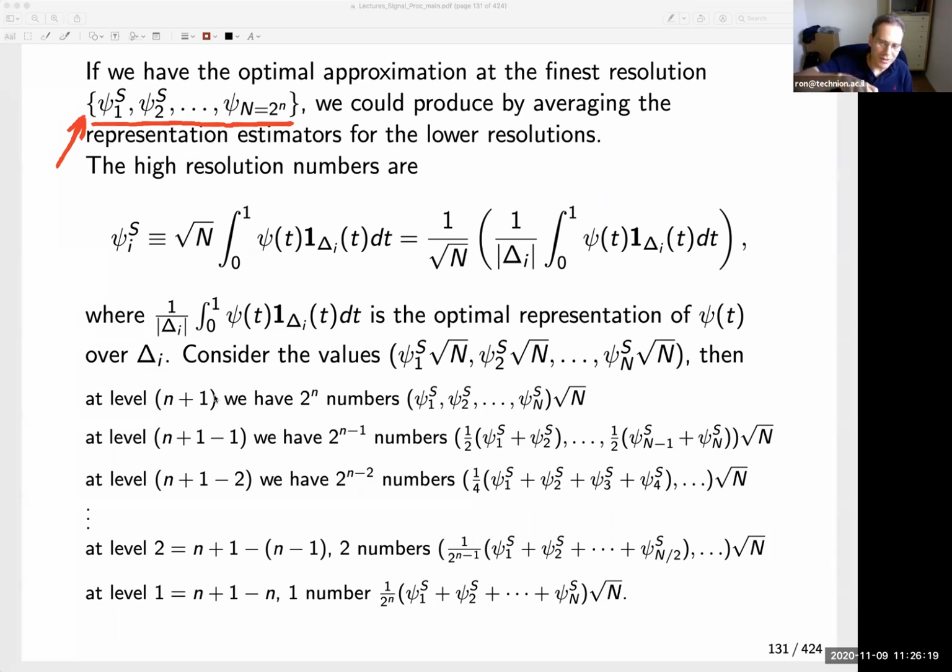But we would like to invert the process. We would like to start from the coarse resolution and then somehow propagate our way into the fine resolution and still keep the same number of coefficients, okay? So the high resolution coefficients are those that you have over here, which is nothing but the projection of psi, and everybody's happy.